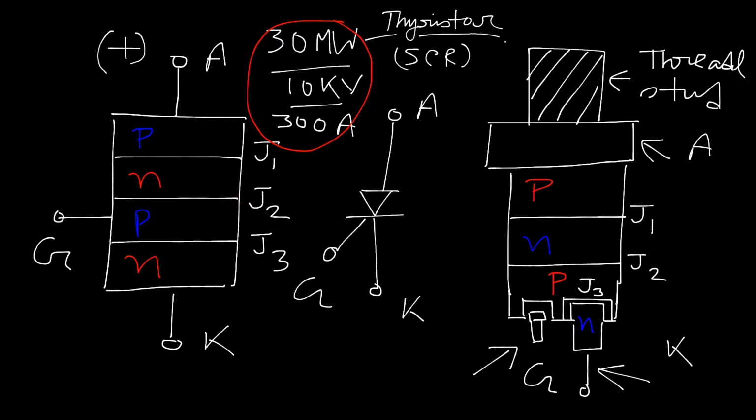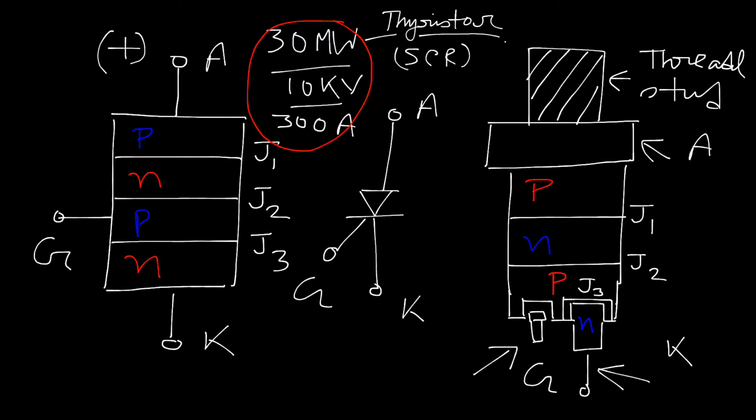Once the depletion layer has formed, it blocks the current flow, and the total voltage appears across the two terminals, anode to cathode. That means the device is in the off state, even though we are using forward bias. Junction J2 is reverse biased, that is why the depletion layer has formed, and due to this the device is not in the conducting state.